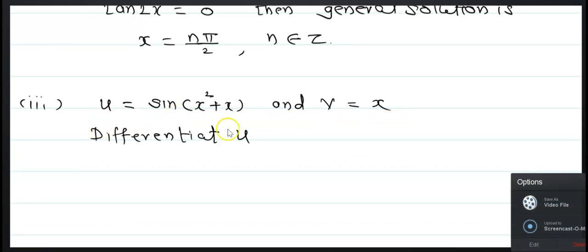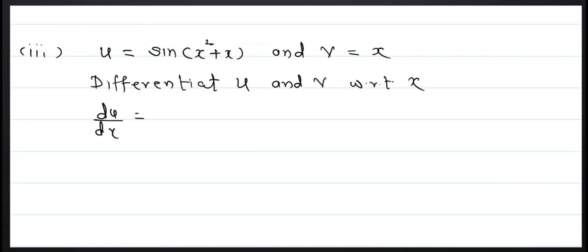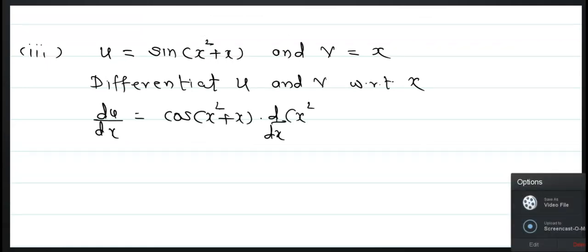Now differentiate this u with respect to x. The derivative of sin of x is cos of x square plus x into the derivative of x square plus x, and that derivative is 2x plus 1. So du by dx is cos of x square plus x into d by dx of x square plus x.